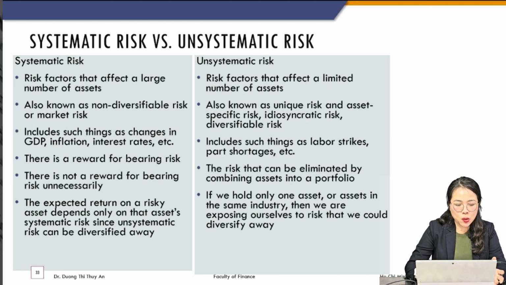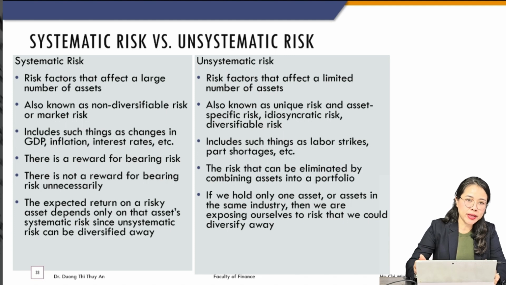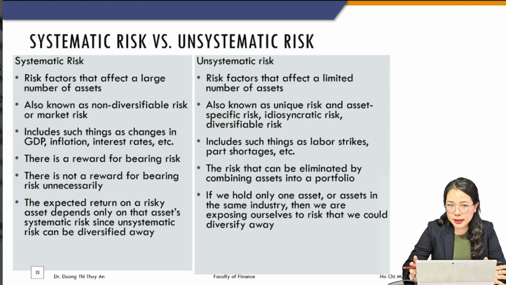When that happens, most sectors and companies in that economy will be affected. But when a risk happens to a certain company, it will affect only that company or related companies or that sector, while the other sectors or companies stay unaffected.